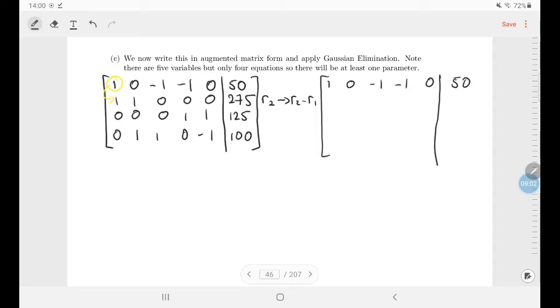And then row 2 minus row 1. So 1 minus 1 is 0, 1 minus 0 is 1, 0 minus minus 1 is 1, 0 minus minus 1 is 1, 0 minus 0 is 0, and 275 minus 50 is 225.